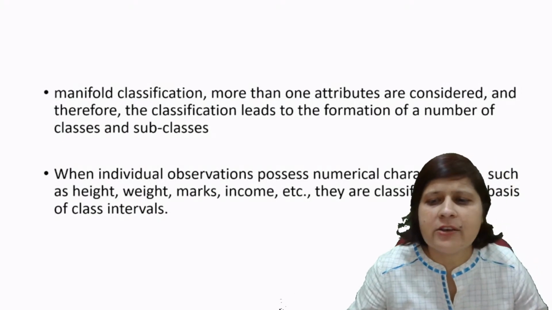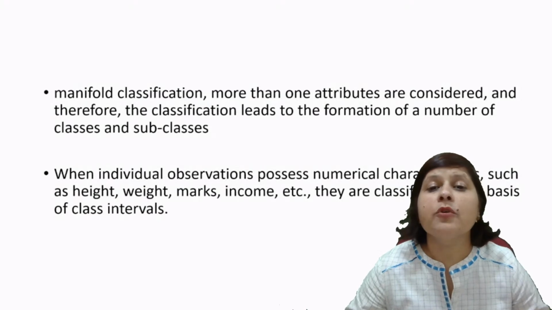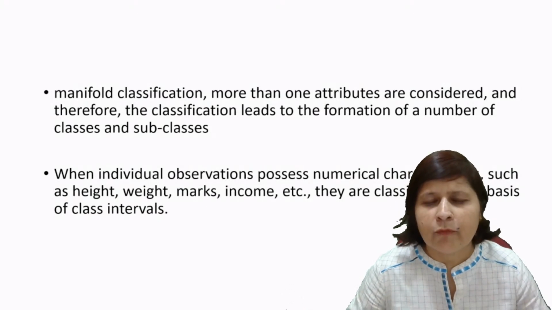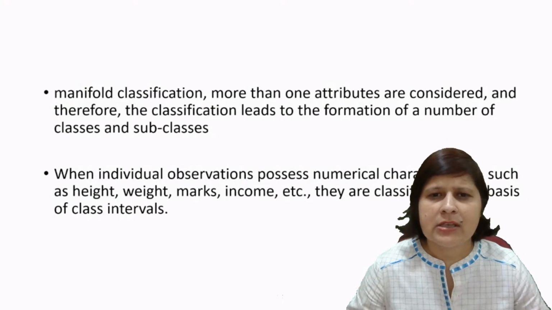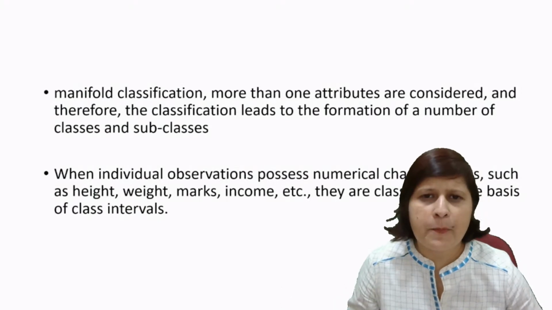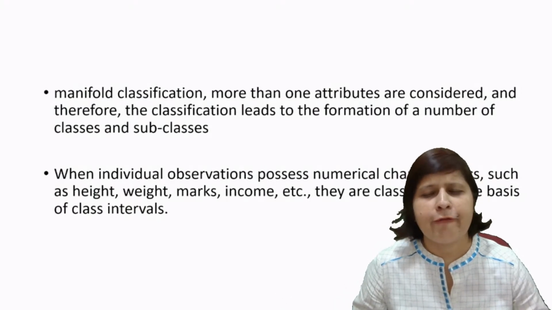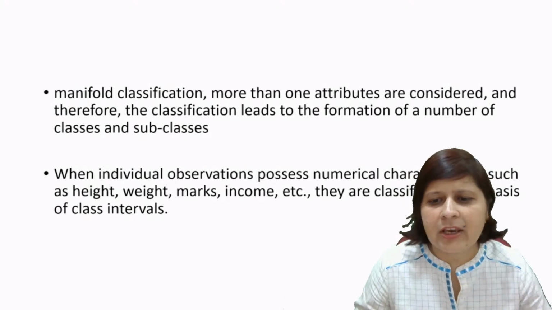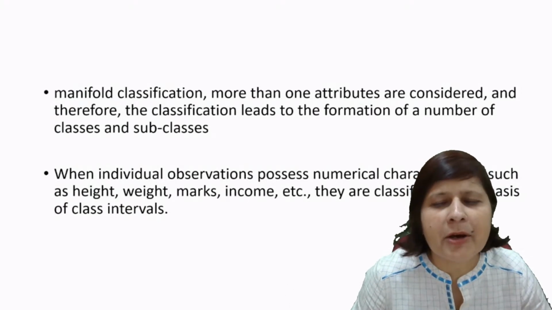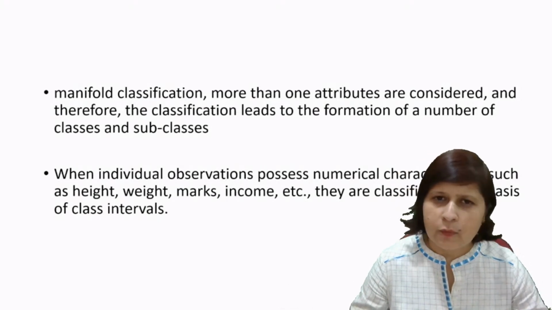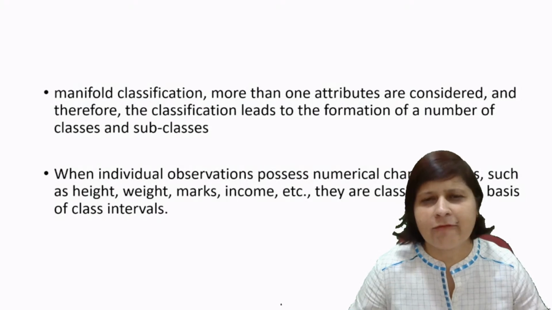But in manifold classification, there is more than one attribute: male, within the age group of say 25 to 30, income between 50,000 to 1 lakh rupees. Then this classification leads to formation of a number of classes and subclasses.